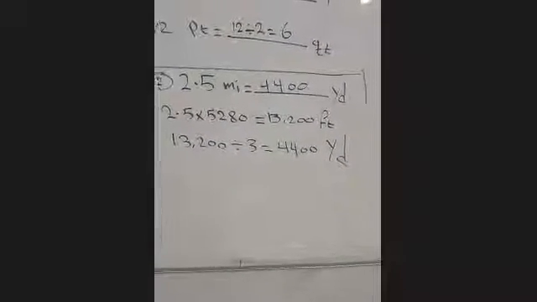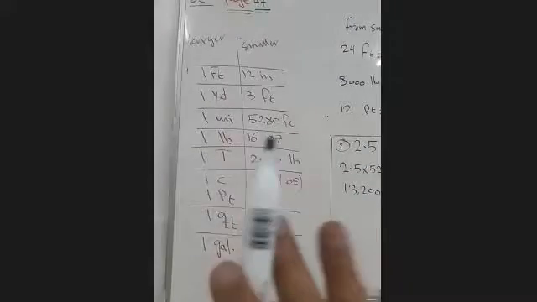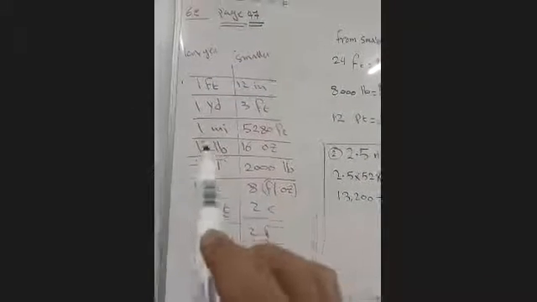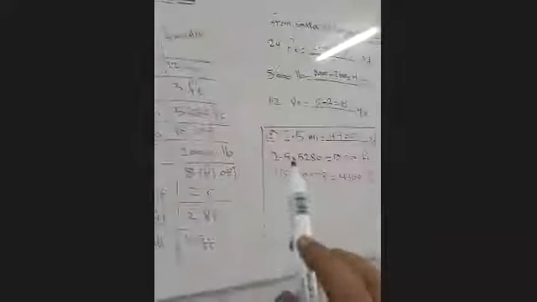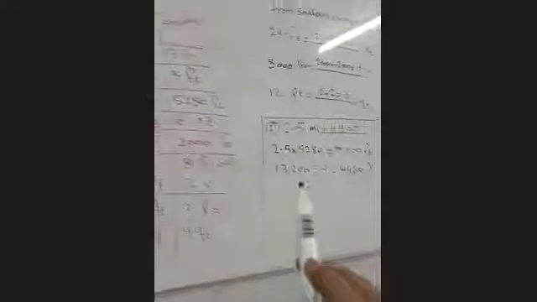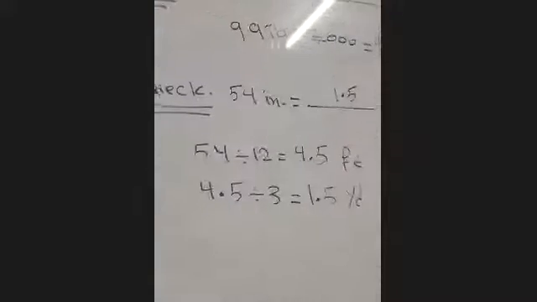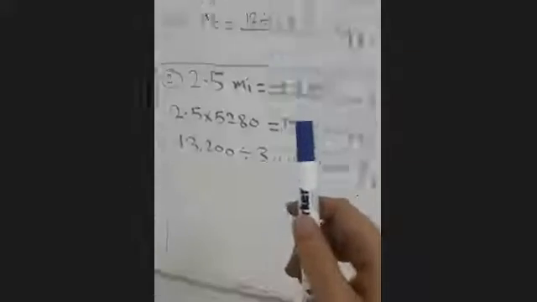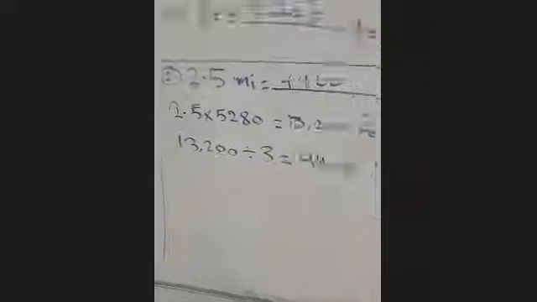So be careful while you are using the table. Are you going from larger to smaller or smaller to larger? Be careful about this step, because from larger to smaller, you need to multiply. From smaller to larger, you need to divide. This is very important. Sometimes you will do multiple divisions in the same question. Sometimes you do multiplications only. Sometimes you do both.